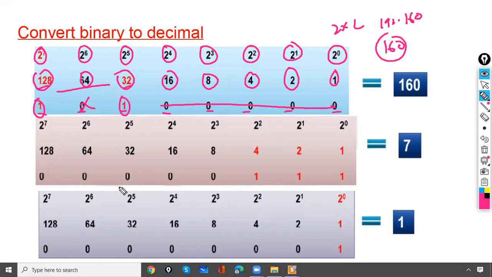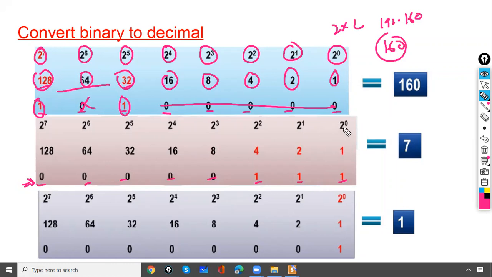Let us convert the third octet to decimal. Again, you will take the binary number: 5 zeros, 1, 2, 3, 4, 5, then 3 ones, 1, 2, 3.